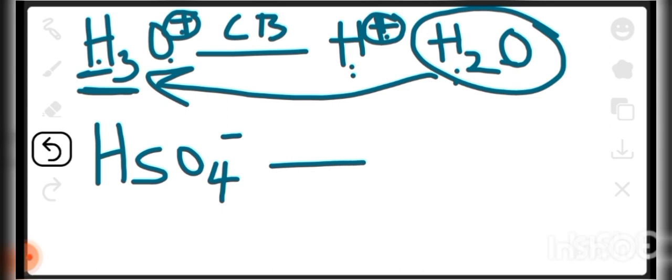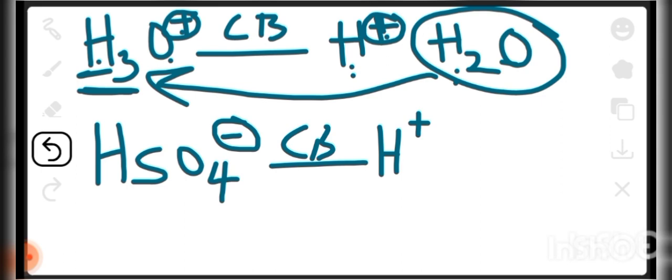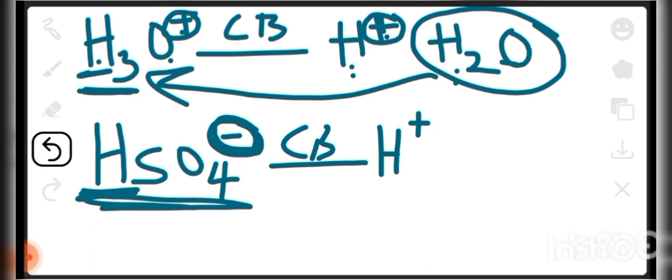So the conjugate base will be, when we remove H plus in a very simple way, this one is already having minus. Any compound already having a sign in this place, if you just remove one hydrogen, we have only one hydrogen here. You just remove it, there's no hydrogen again. So what will be left is SO4.